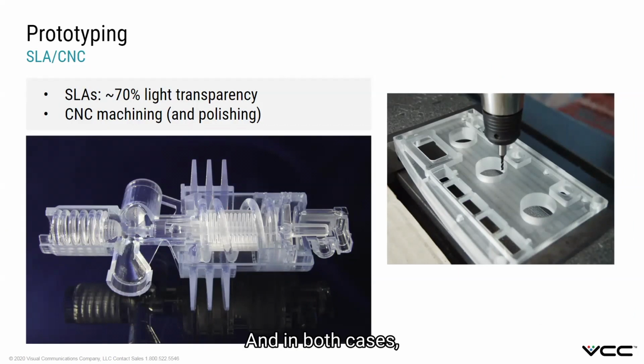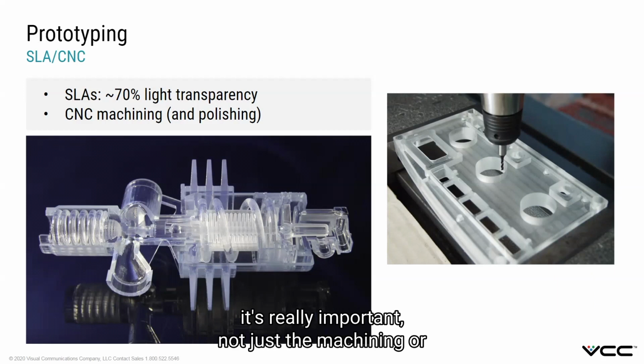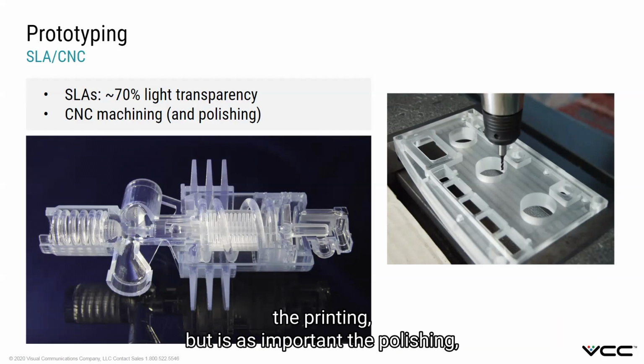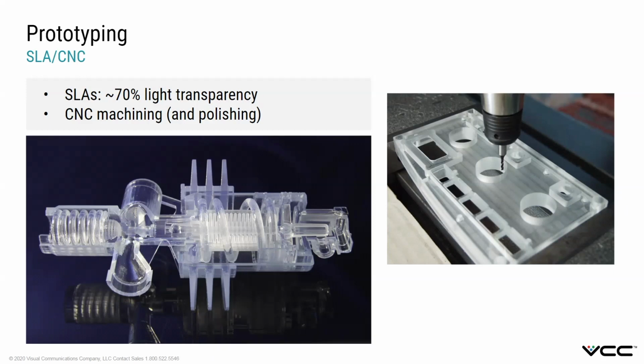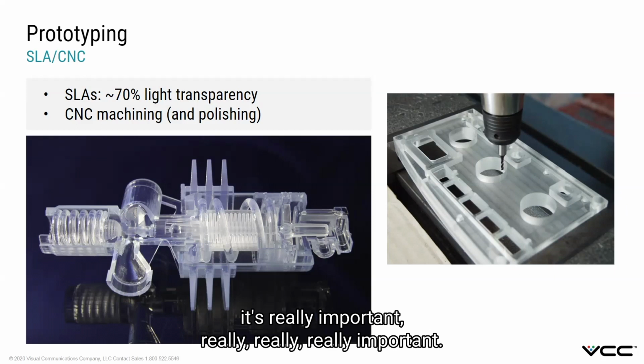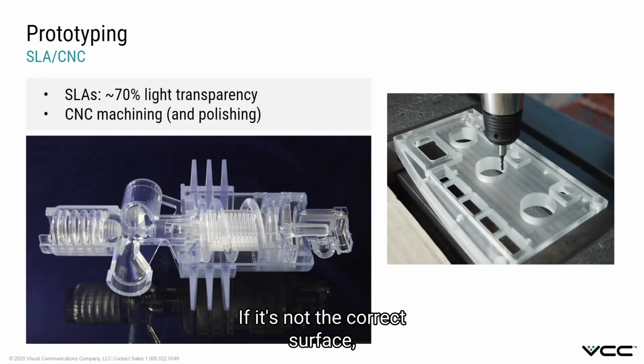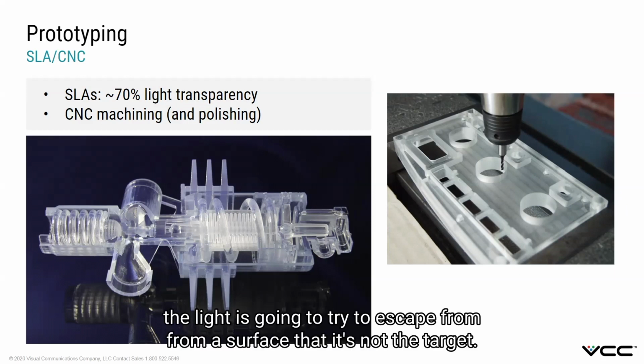And in both cases, it's important not just the machining or the printing, but the polishing as well, because as I mentioned before, the surface of the light pipe is really important. If it's not the correct surface, the light is going to try to escape from a surface that is not the target.